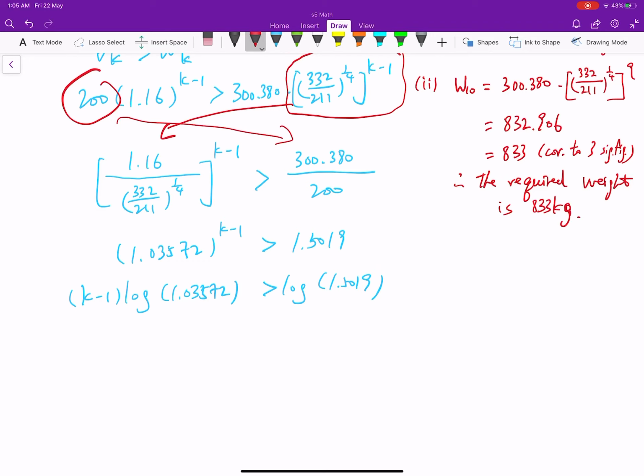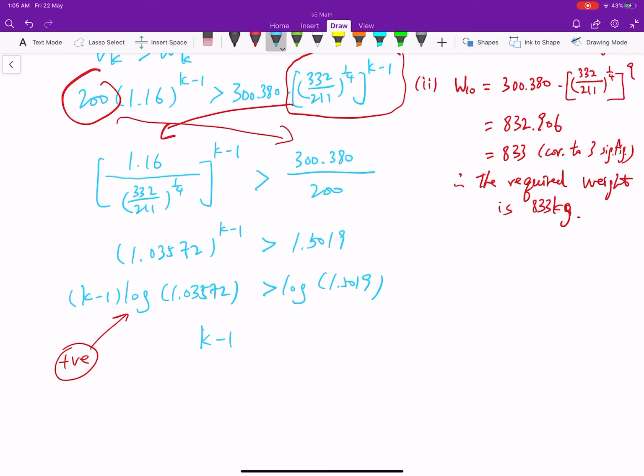So this time, this is positive because it's greater than 1. Okay, log 1 is 0. If you take the log of a number greater than 1, then you get positive. If it's a number smaller than 1 but greater than 0, you will get negative. So it is positive, so no problem. You don't need to change the sign.